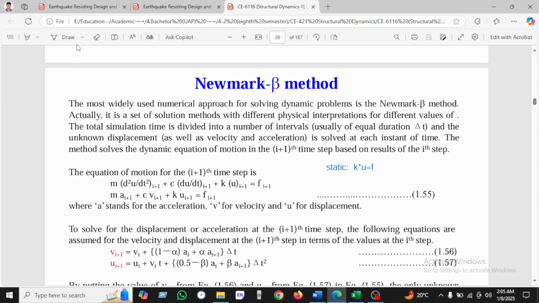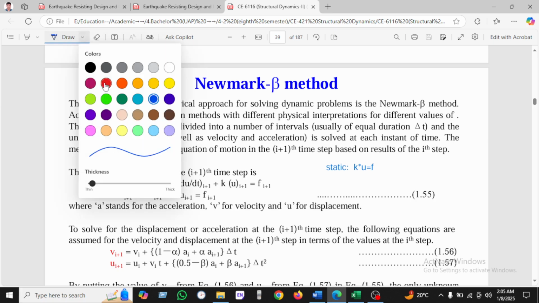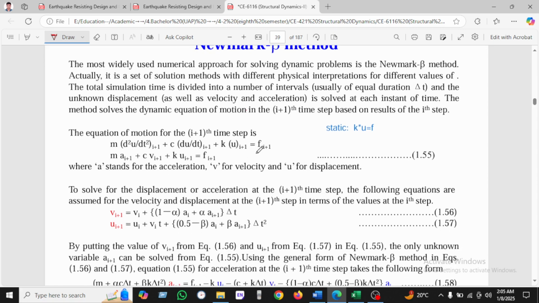But in the dynamic problem, additional terms are added. The Ku term is the static portion, and the dynamic portion adds the damping C and the mass, where the mass is related to the second derivative of U with respect to t, and the damping to the first derivative of U with respect to t.